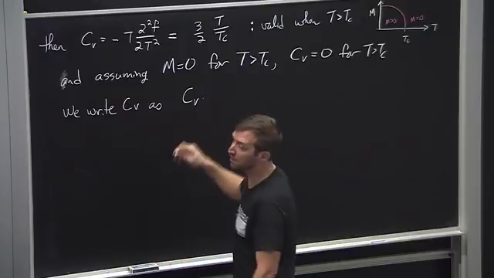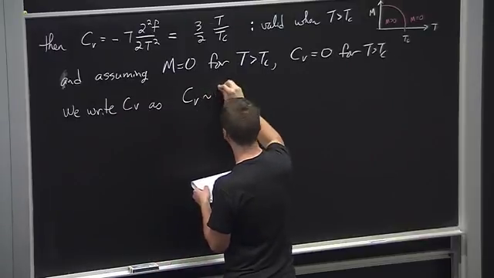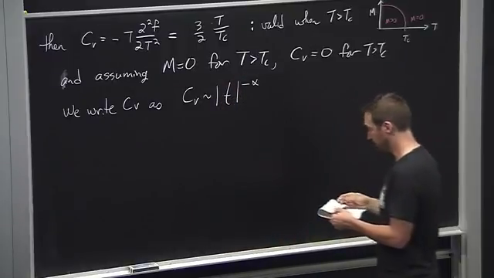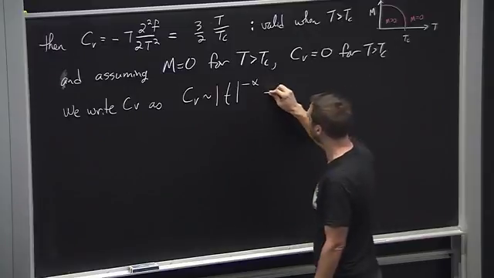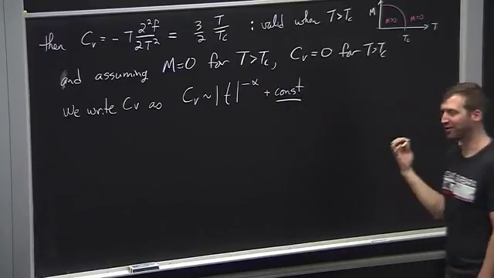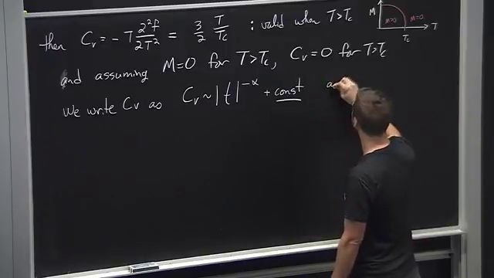So in the nomenclature using the reduced temperature, I would write this as something like the absolute value of the reduced temperature raised to the power minus alpha, times a constant which I've previously ignored, but we sort of need for this case.